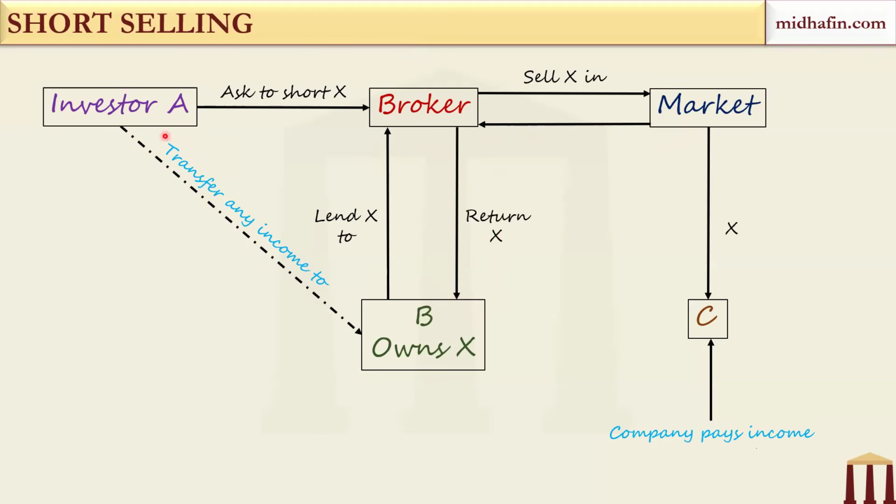Now, this transfer of any income to B by A makes sense because of two reasons. First, we've already discussed that B has not sold. The second is a very sound theoretical argument. What happens to the share prices when the company pays dividends?